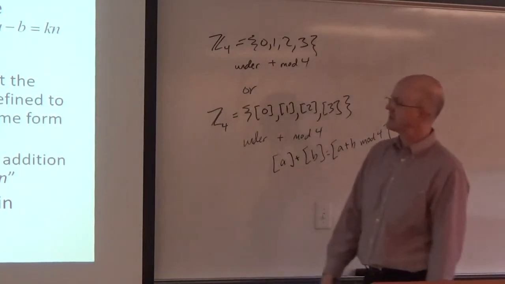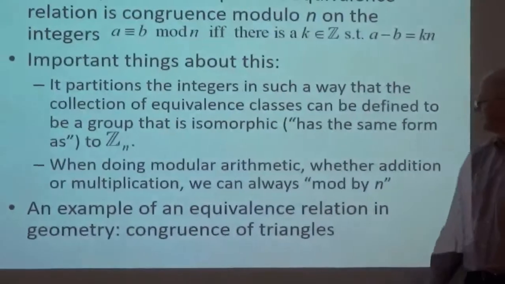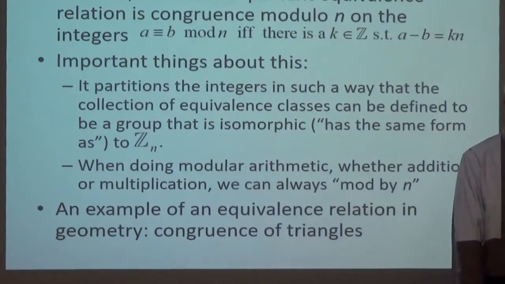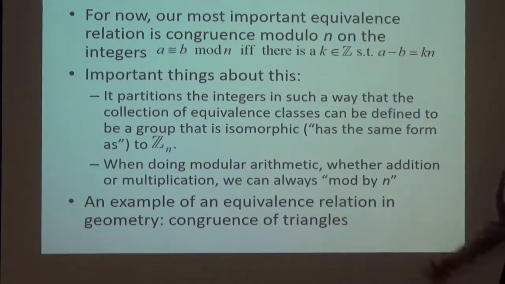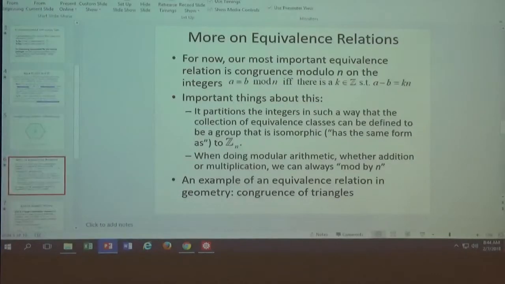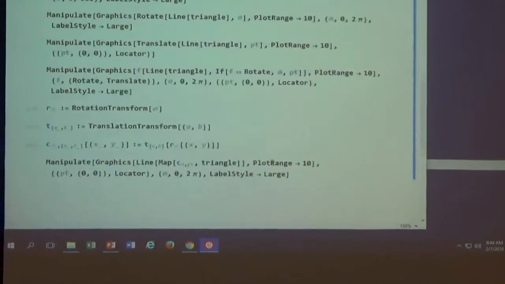By the way, congruence also applies to geometry. Another example of an equivalence relation that's really important in geometry is congruence. I called it congruence of triangles. I could have just said congruence in general. I did make a successful Mathematica animation here.